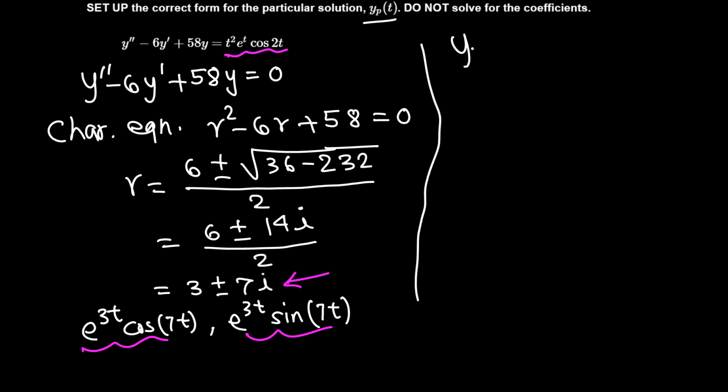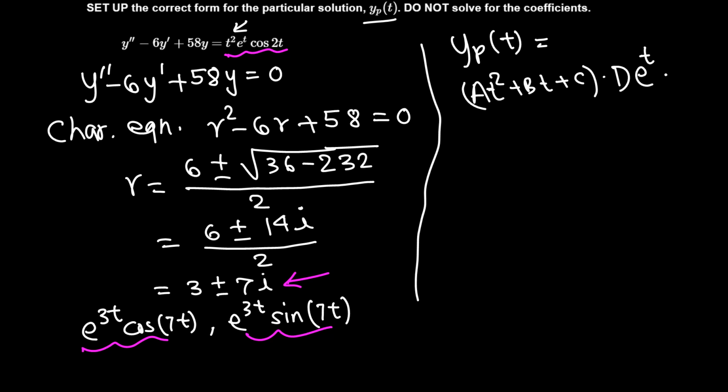So yp of t will be, first factor is t squared, that's a degree 2 polynomial. Now we need to write down the general second degree polynomial, which is at squared plus bt plus c, times, based on the exponential function, we always write a constant times e to the t.